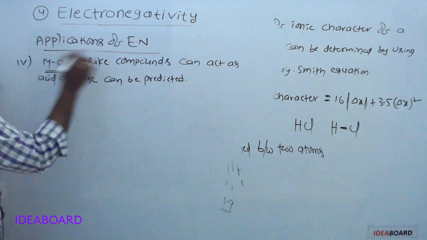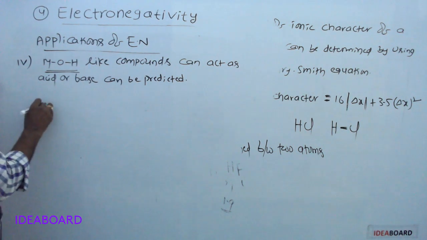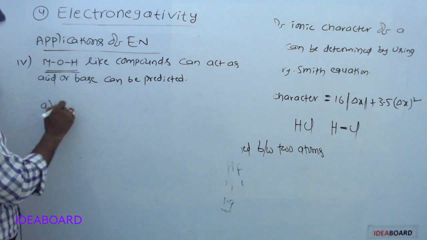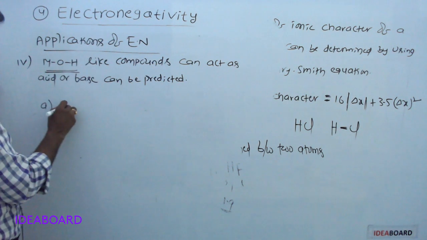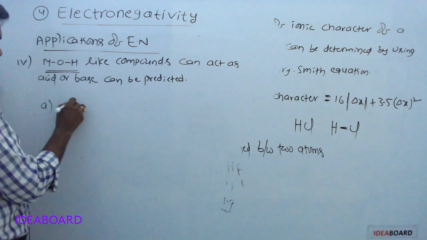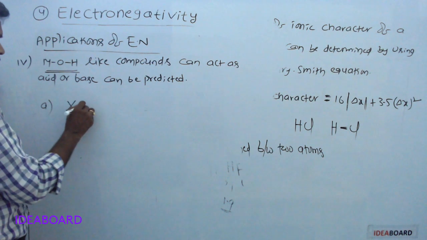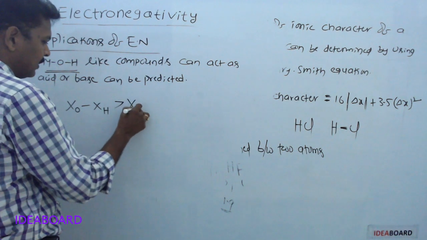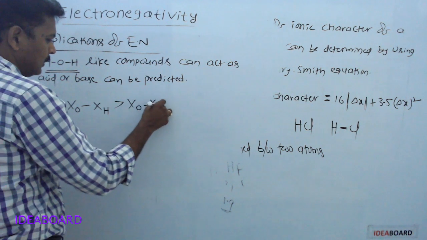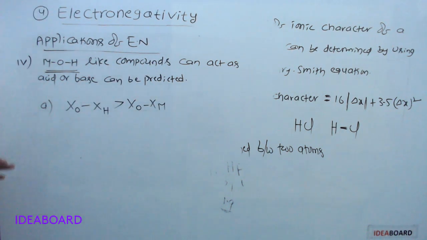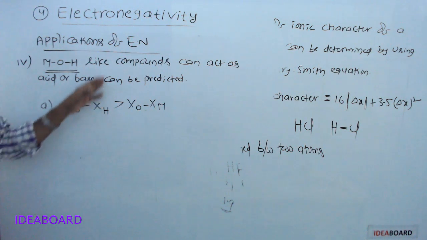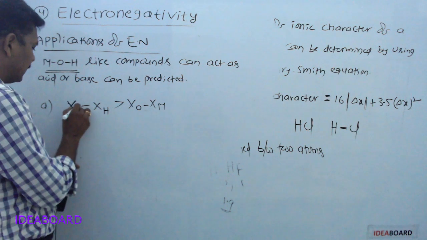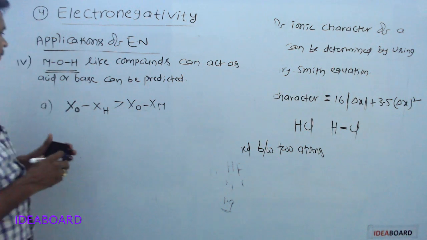MOH like compounds. See, for example, in these compounds, if XO minus XH is greater than XO minus XM, where XO is nothing but the electronegativity of oxygen.